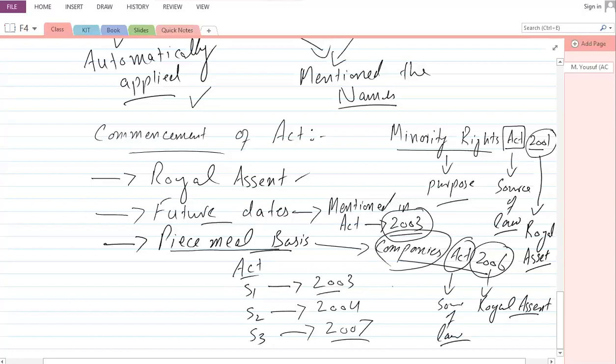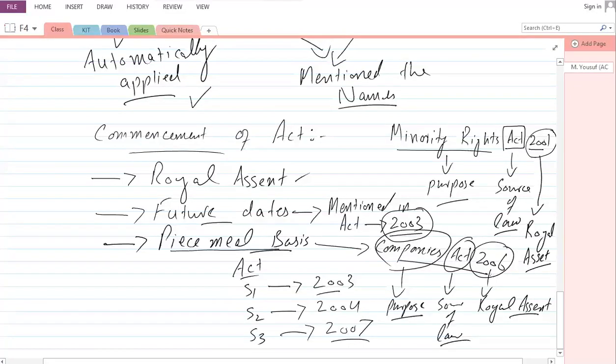Companies means the purpose of the act. So that act is meant to organize the companies: how the tax will be calculated, how the companies are going to work, how they can recognize the assets, how the financial statements will be prepared. So this act is providing guidance for companies regarding the regulation.